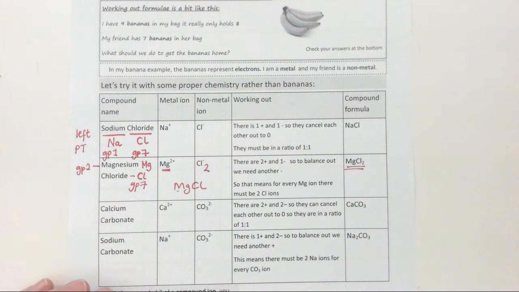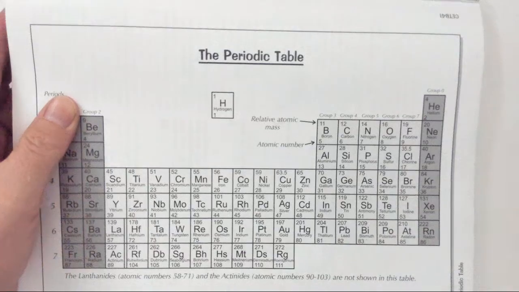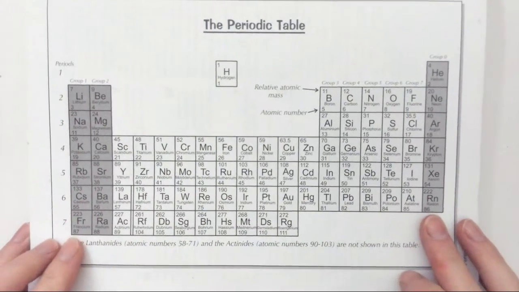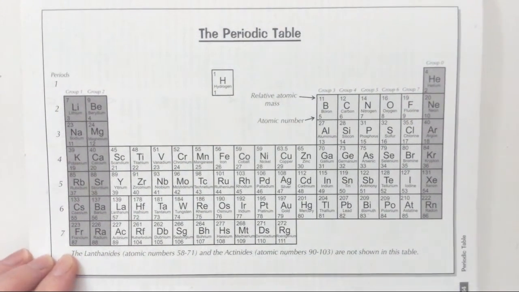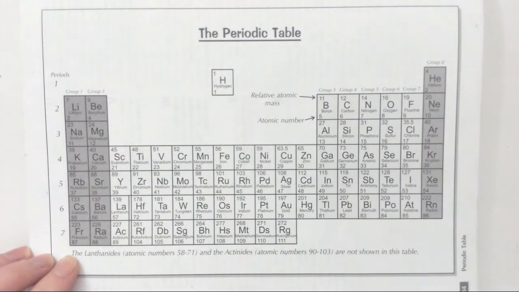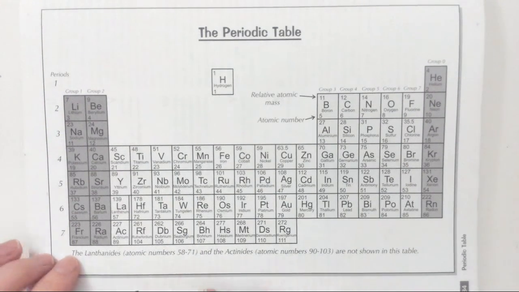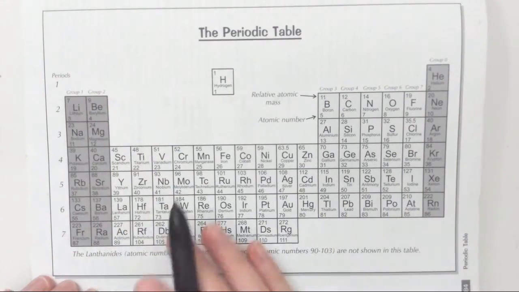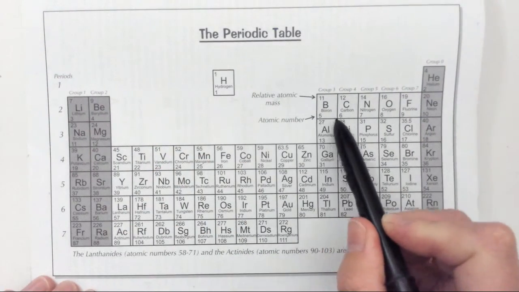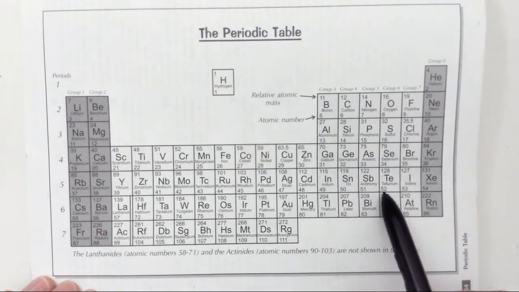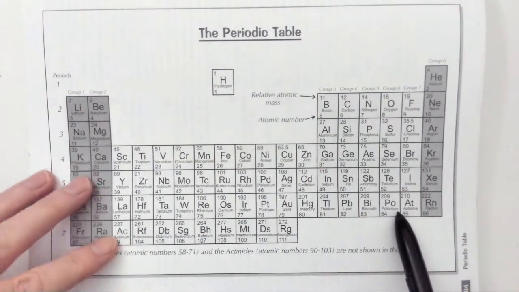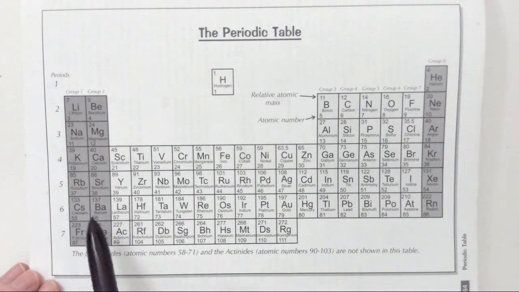Just going to find a periodic table so I can show you a bit of a shortcut. Okay, here's the periodic table. What I do when I'm trying to work these out is I have a look at the periodic table, and I know that everything over the left is going to be, so there's a little step here, or some periodic tables separate the metals from the non-metals.